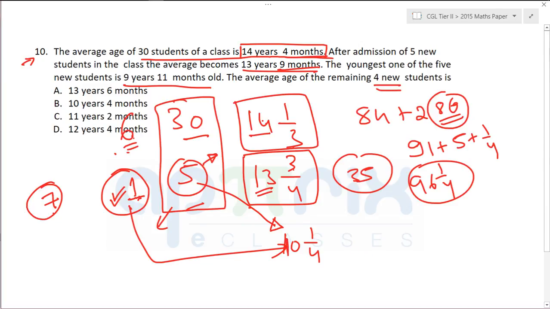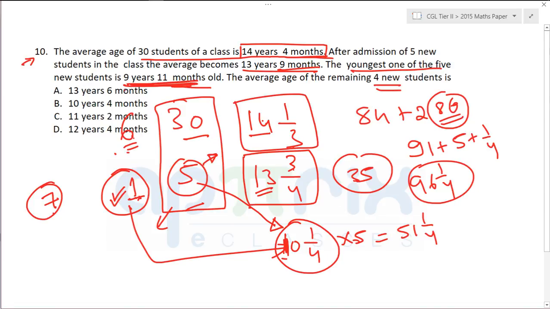It has been provided that the youngest one of the 5 is 9 years 11 months old. If you multiply this value by 5, it becomes 51 1/4.